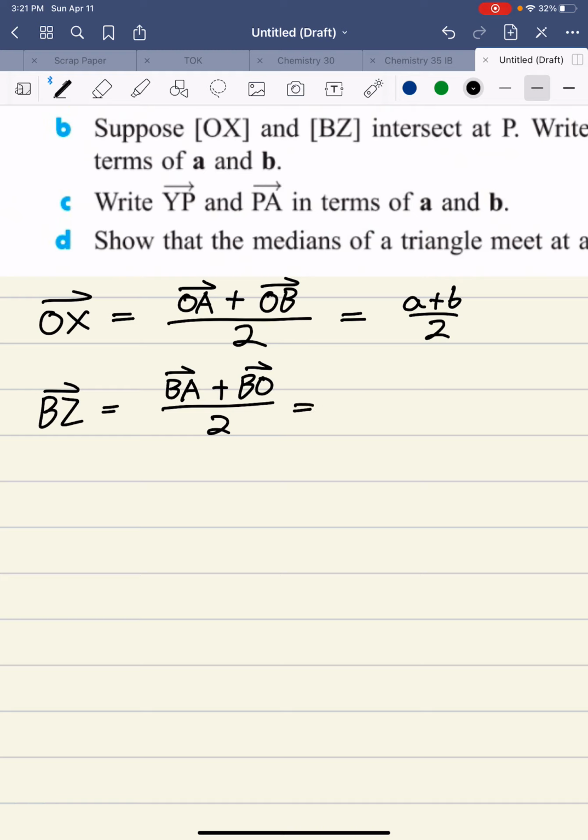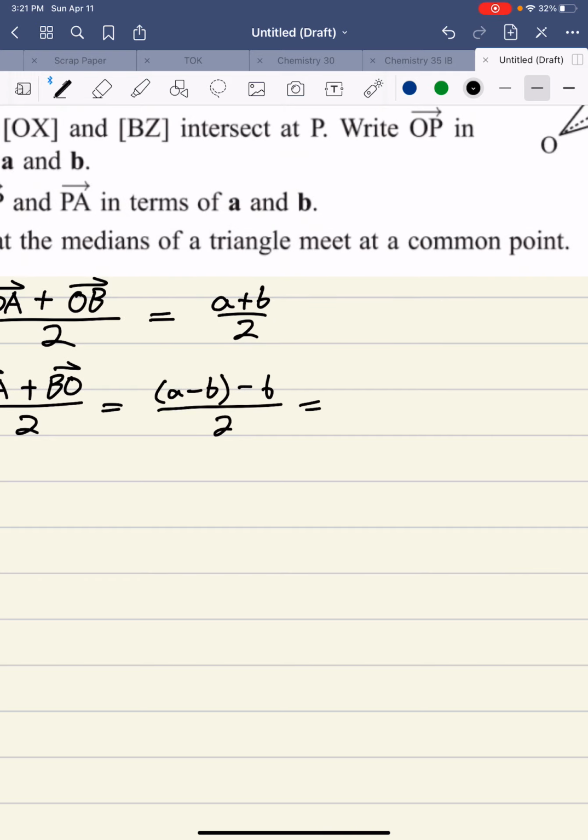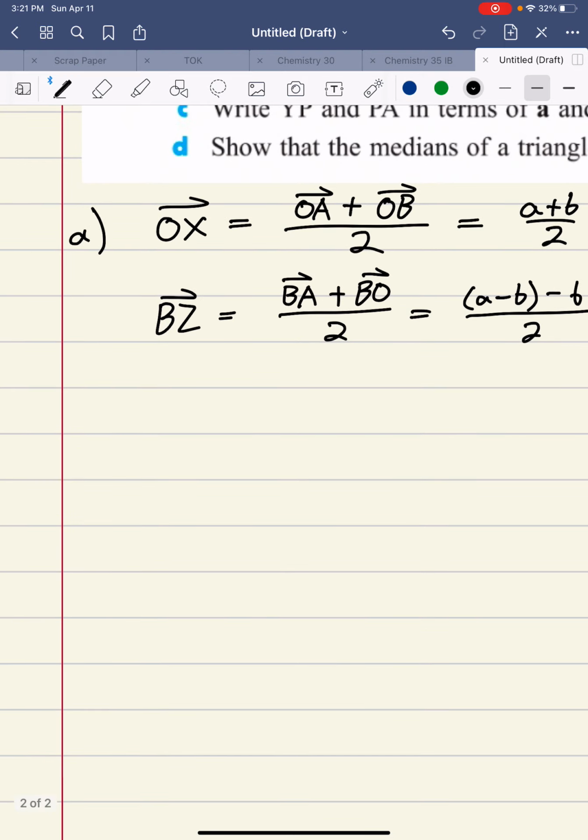So that's just, well, BA is just a minus b, and then BO is negative b. Then you divide that by 2. And that just gives us (a minus 2b) over 2. So that's A.